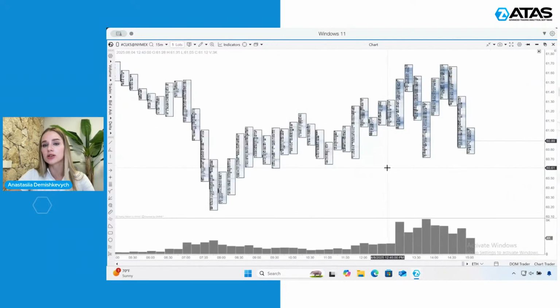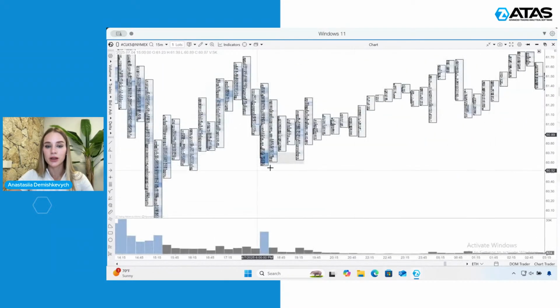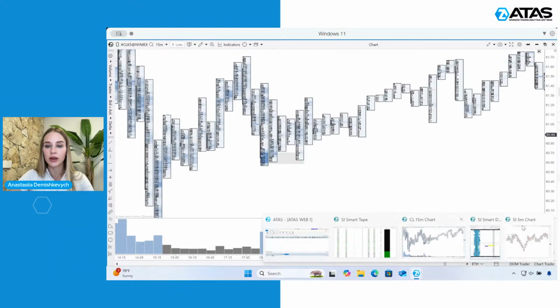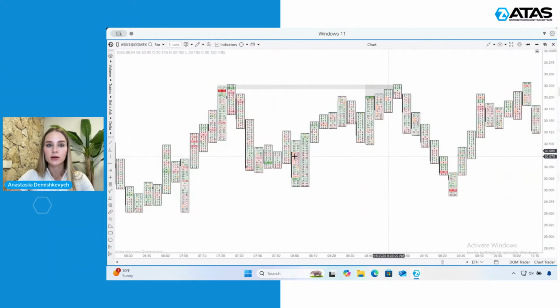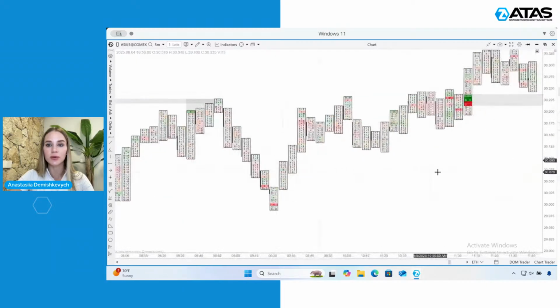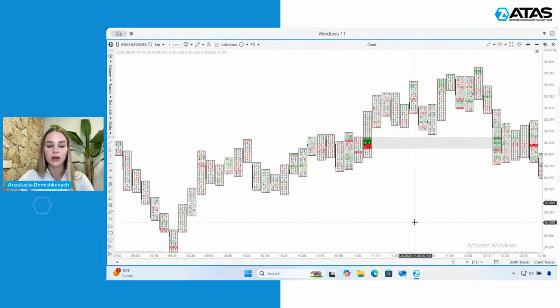So mini strategies that you can use for your footprint trading are, first of all, the volume spikes, like here, right? Delta extremes that I showed you before. So delta extremes like this, for example, or like here.